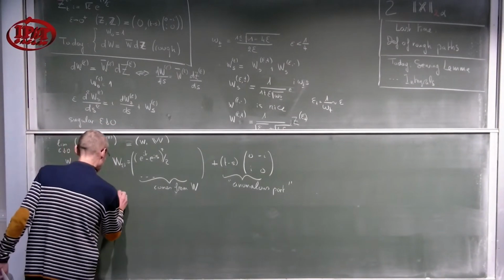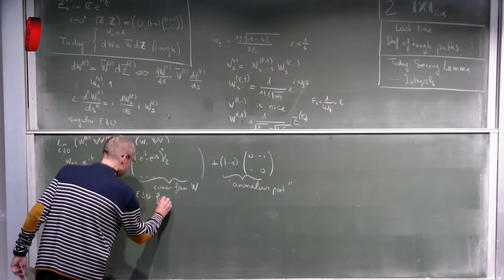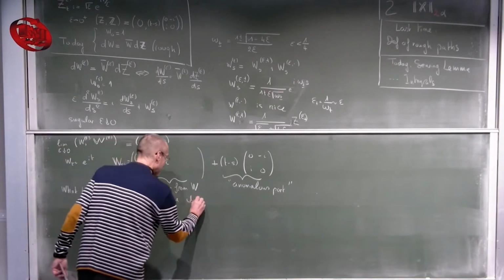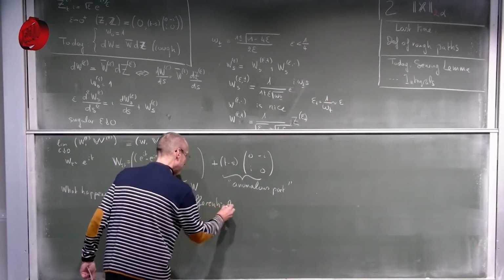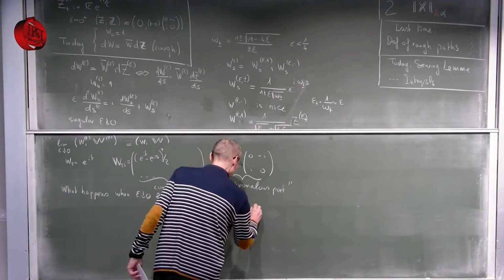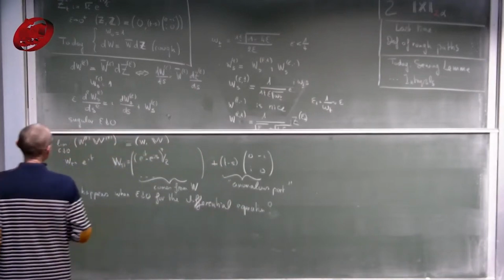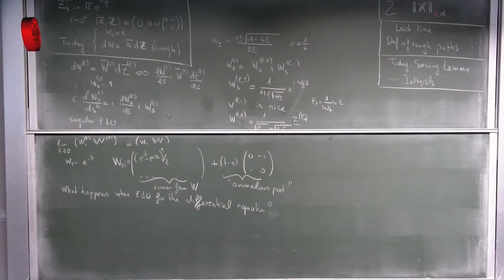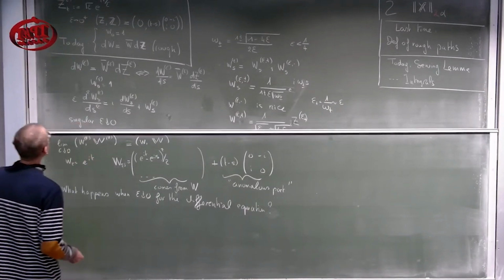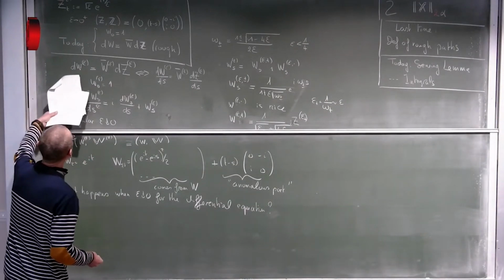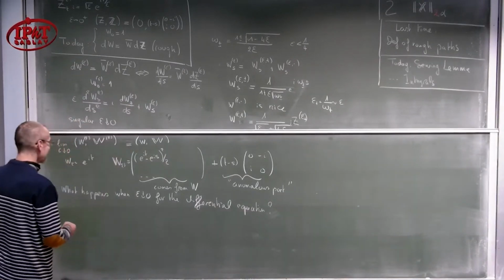What happens when epsilon goes to 0 for the differential equation? There are two news for the differential equation. The first one is that the equation has a naive limit, and the bad one is that in the limit z is identically equal to 0.